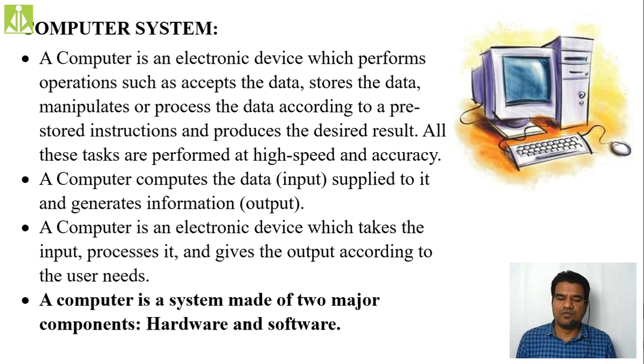Hopefully you understood. So basically a computer computes the data supplied to it and generates the information. Supplied data will be input and generated information will be output. Information is specific.